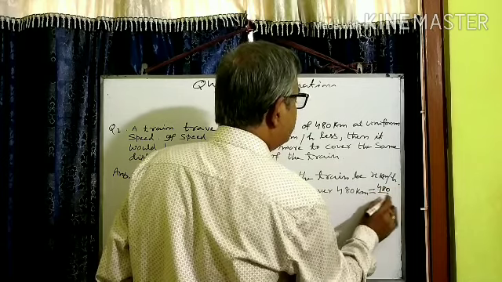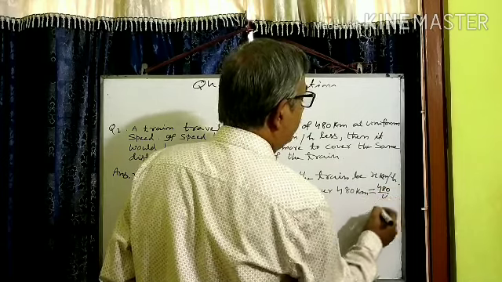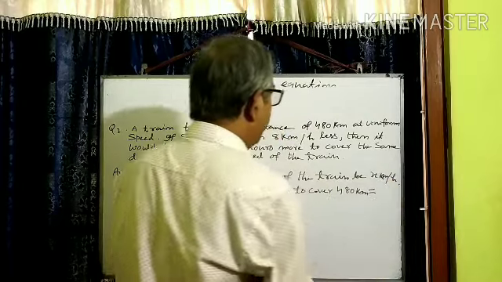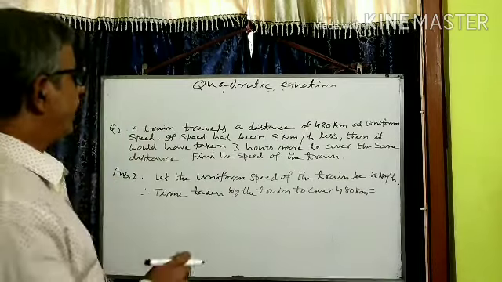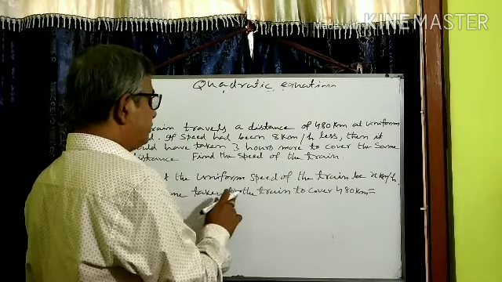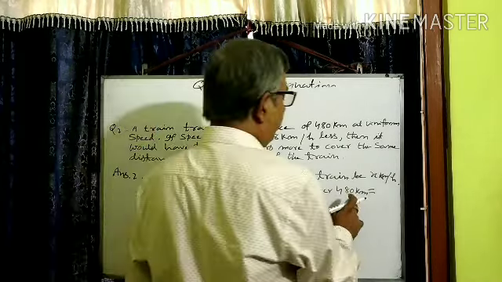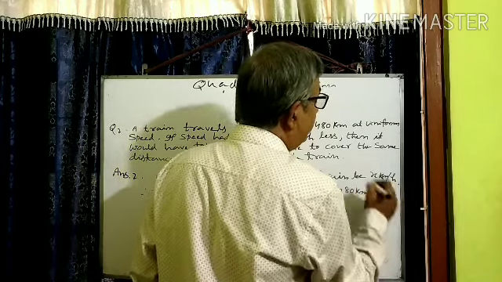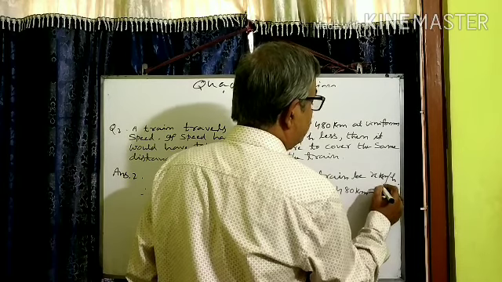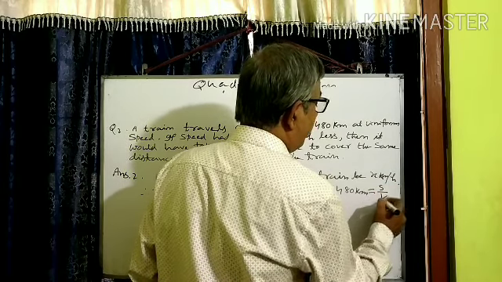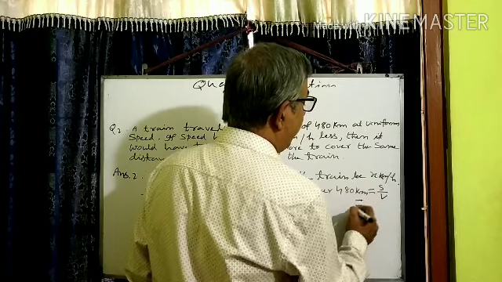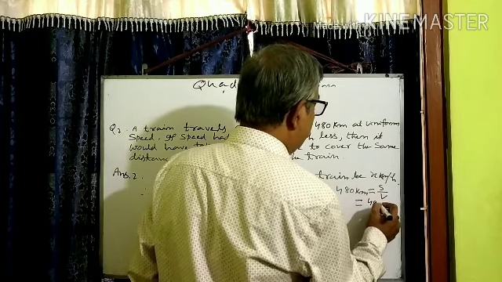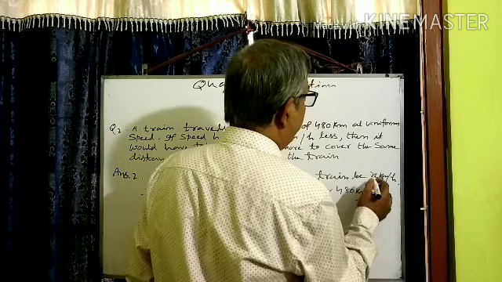And V you are supposed to write x kilometer per hour.